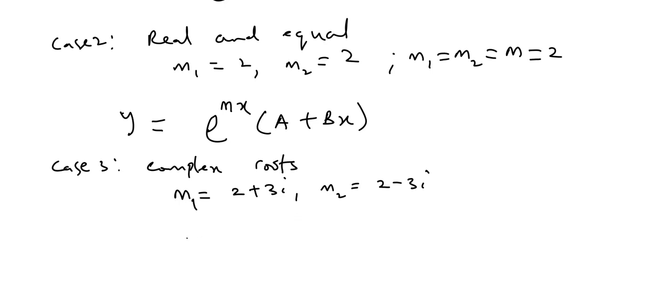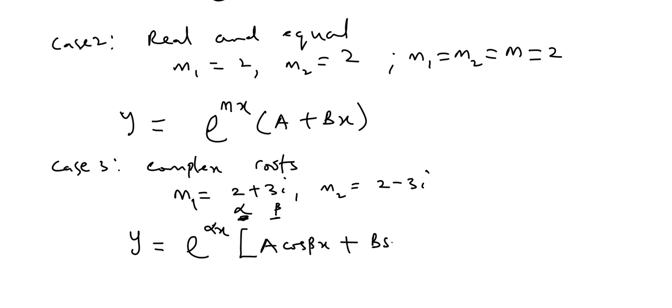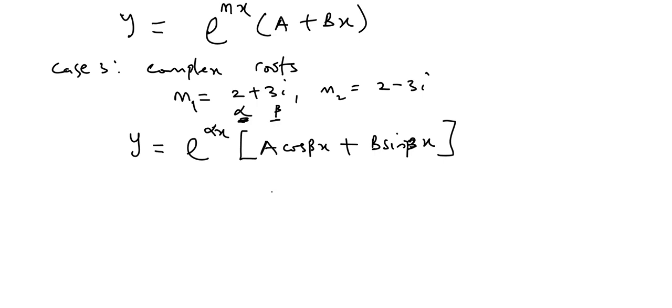Anytime you have complex roots like that, the solution will be exponential of the real part, which is alpha, x, into bracket a cos beta x plus b sine beta x.